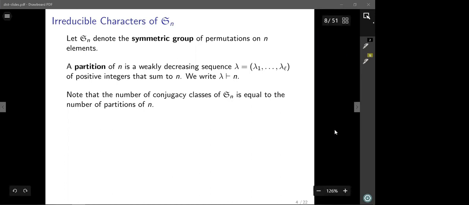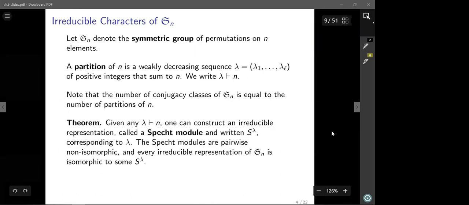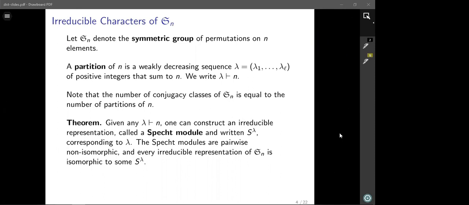You have the right number of them, so you might hope there's a bijection, a natural way to associate an irreducible representation of the symmetric group with any partition of n. And the answer to that question is yes. This is one of the fundamental theorems in the subject: given any partition of n, you can indeed construct a corresponding irreducible representation.